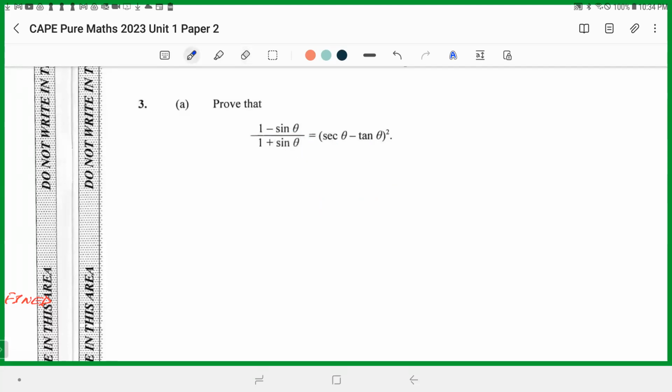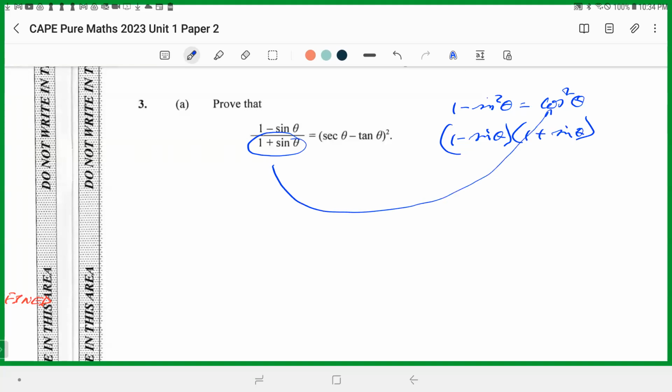This is already a part of cos squared, because I know that 1 minus sine squared theta is the difference of 2 squares. It equals cos squared theta, but itself is the difference of 2 squares, 1 minus sine theta times 1 plus sine theta. So this is a part of the factor that will lead me to a cos squared theta. So I'm just going to multiply the left side. I'm going to take the left side.